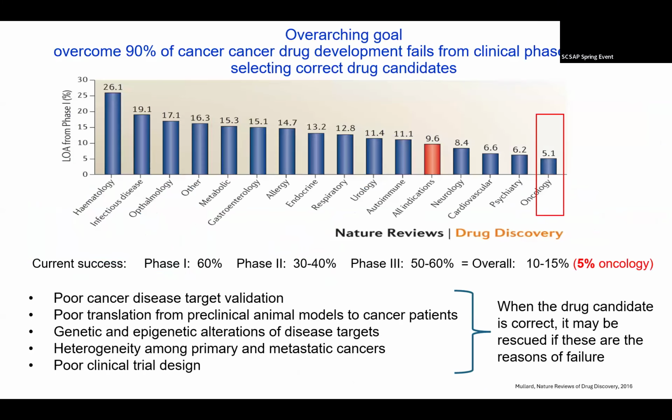The overarching goal of preclinical lead optimization is really to improve the drug discovery success rate. Currently, the drug discovery success rate is about 10%. In cancer, it is about 5%.